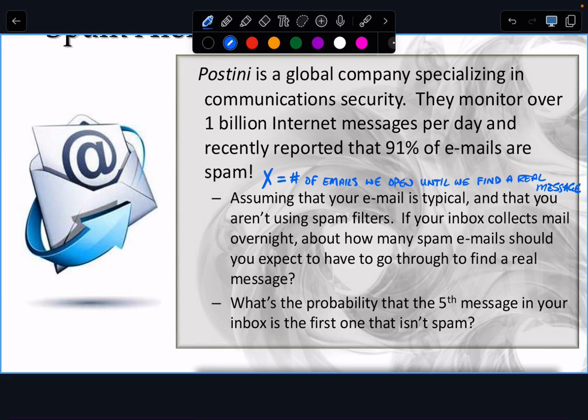So just like yesterday, we need to define the random variable, specify exactly what it is we're looking at. So we're looking at the number of emails we open until we find a real message.